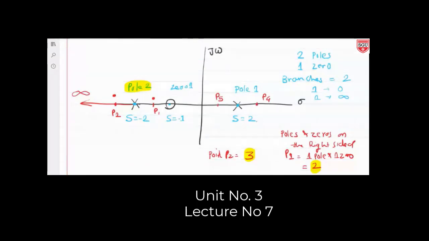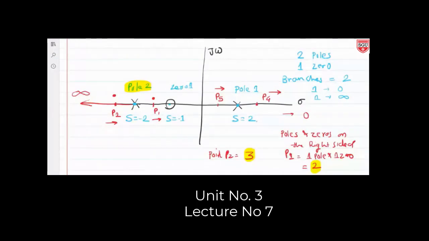On the right side of P4, how many poles and zeros are there? 0. 0 means it is even. Now on the right side of P5, always remember we are looking towards the right side, how many poles and zeros are there?